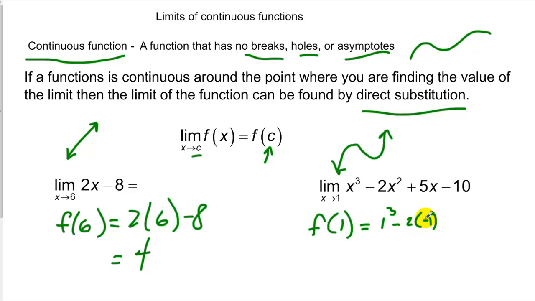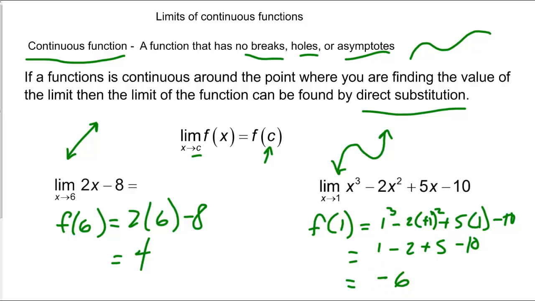And, whoops, it's positive 1. And if I grind all this out, I get 1 minus 2 plus 5 minus 10, which gives me a total of -6.